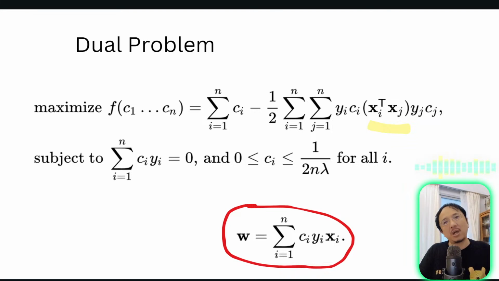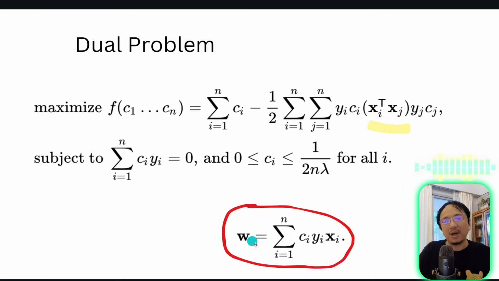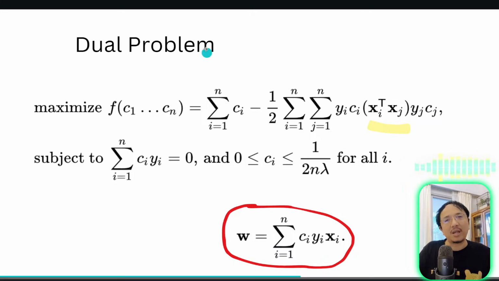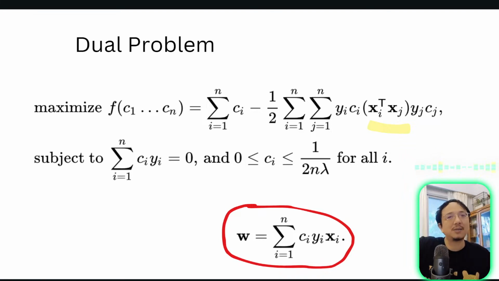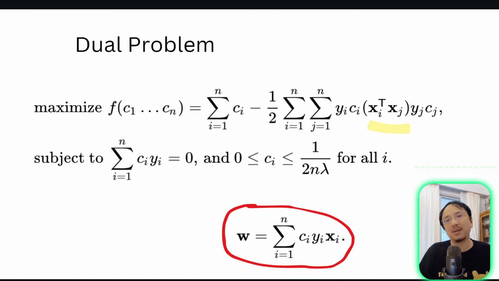However, recall that there's an issue. After we solve the dual problem, we still need to use the solution to apply to new data, like w x minus b, to check whether it is positive or negative, so we can do the prediction.